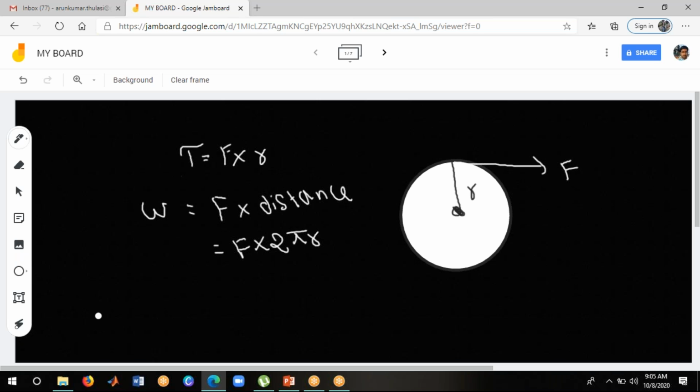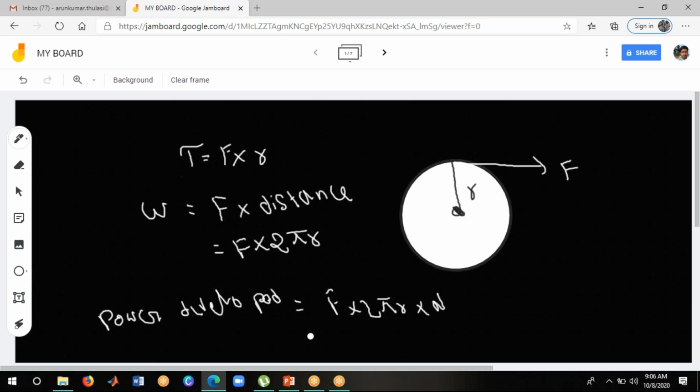Now for power developed. How much power is developed on this pulley? We can write force into distance traveled into speed, that is n. So this is the equation for the power developed on the pulley.